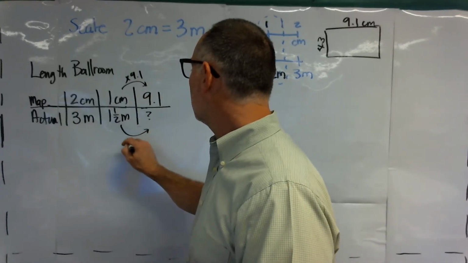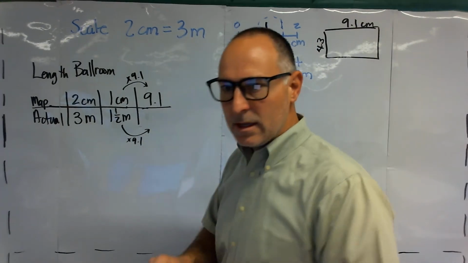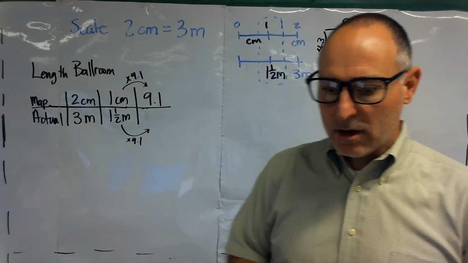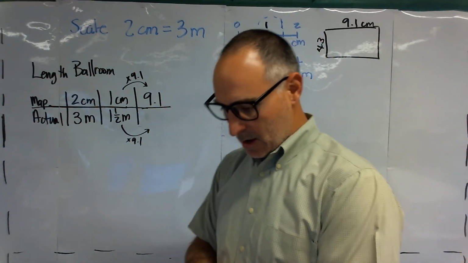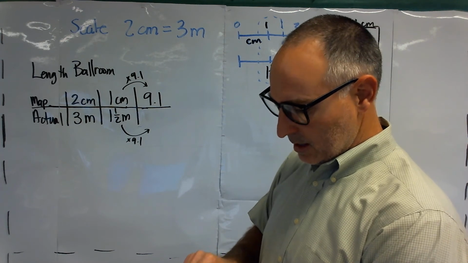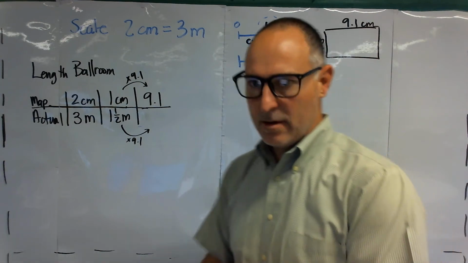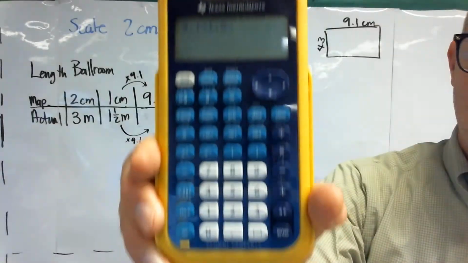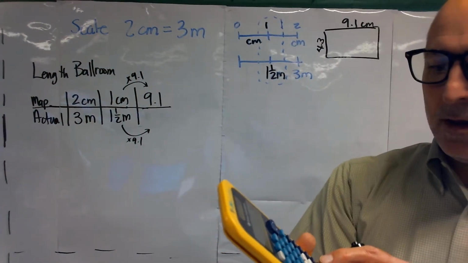This one down here times 9.1, which means that now I can get my calculator, right? Calculator right here, and I'm going to say 9 1/10 times 1.5. All right, 9 1/10 times 1.5.